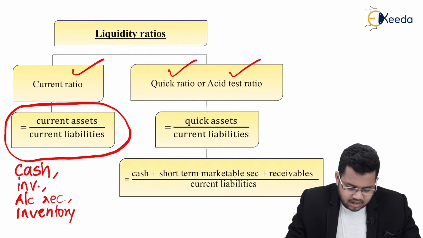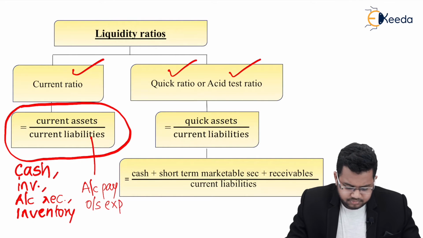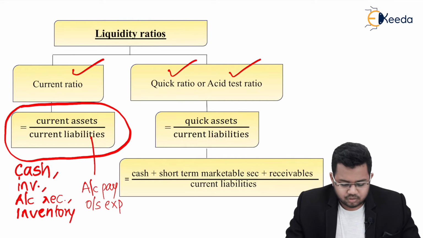Majorly current liabilities will have trade payables or accounts payables, then there can be some outstanding expenses, etc. So when we find current assets upon current liabilities, we get something known as current ratio. Now we will learn the interpretations in the next slide. First, let's just focus on the formula.